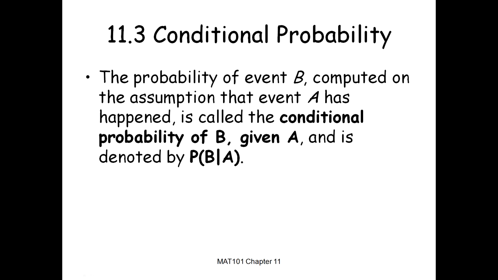If there's a probability of some event B occurring, computed on the assumption that event A has already happened, it's called the conditional probability of B given A and is denoted with this formula, P for probability of B with a vertical line and then A. So that's pronounced the probability of B given A.